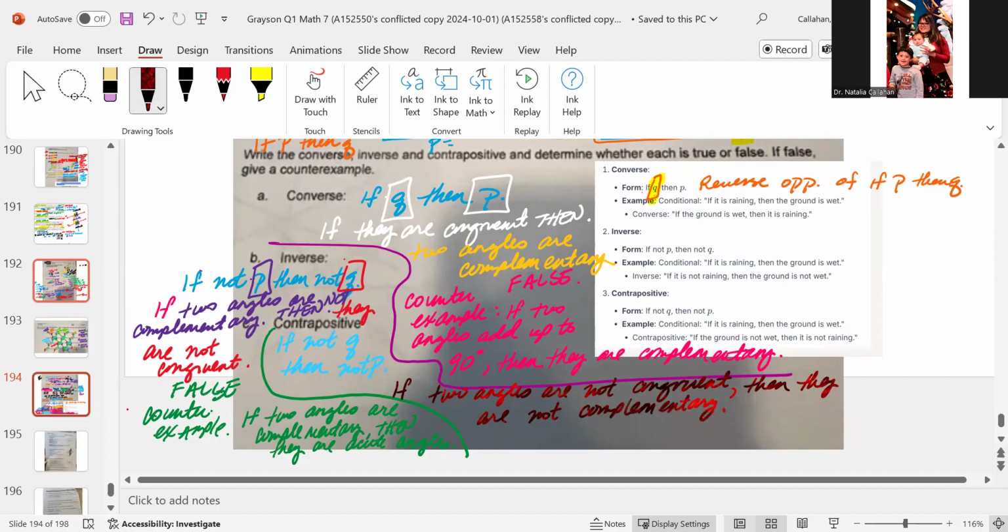If two angles are not complementary, they don't add up to 90, right? So that could be a 40-degree angle and a 30-degree angle, which would not be complementary. But what if this was 60 and I added 100? So it's not complementary. That's a Q and that's a Q. And guess what? These are not, so this is false. Do you see why?